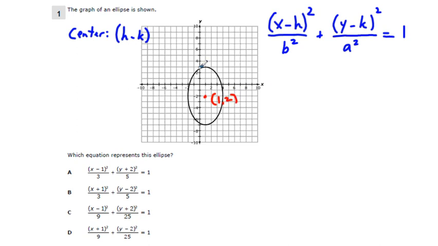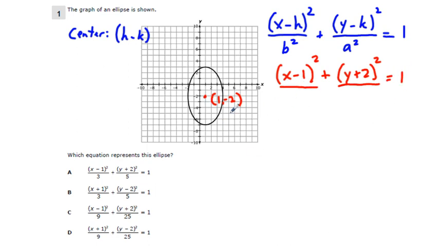And what that means is that we're going to have x minus 1 squared plus y minus negative 2, which ends up being y plus 2 squared, and we're going to have that equal to 1.